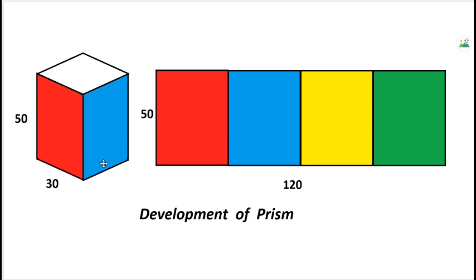Similar to the development of a cylinder, the development of a prism can also be done. Here I have taken the example of a square prism whose base side is 30 and height is 50.